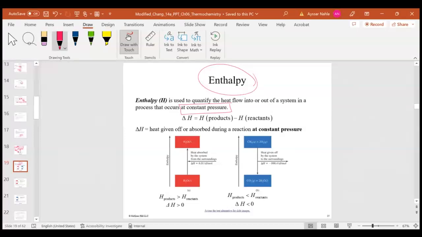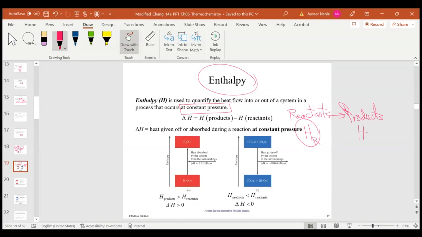Now look here, delta H. If I have some reactants, because here we talk about a chemical reaction, these reactants will give me the product. The reactants will have a certain enthalpy H, let's say of the reactants.